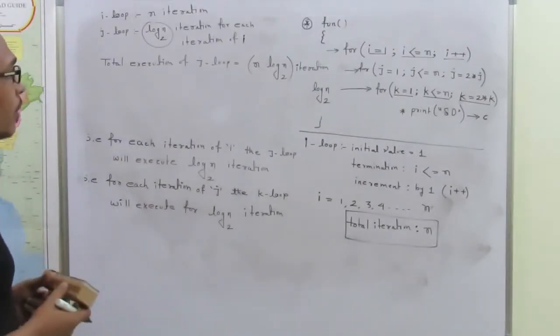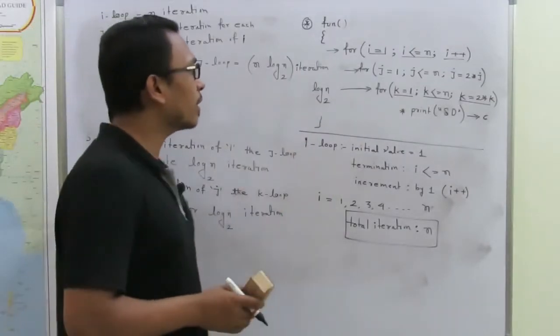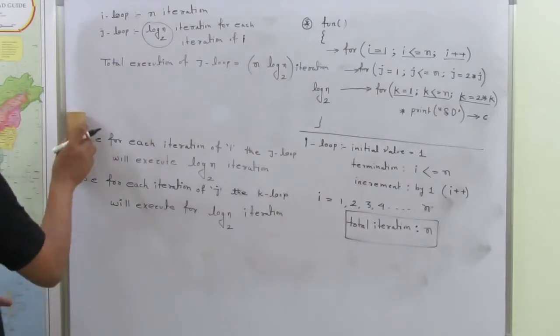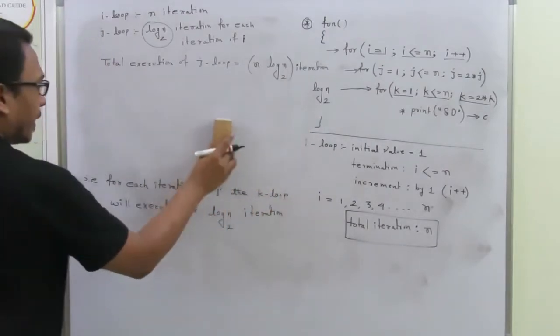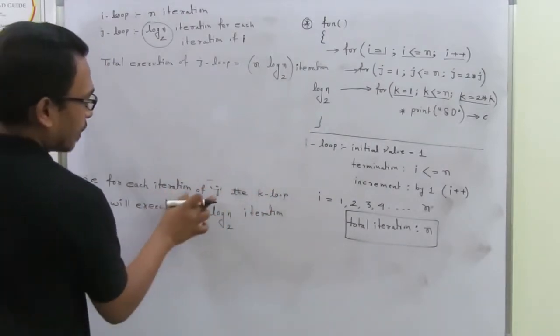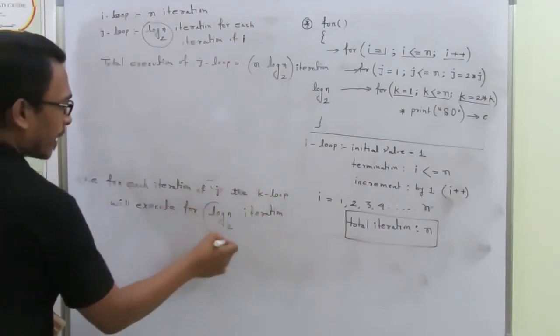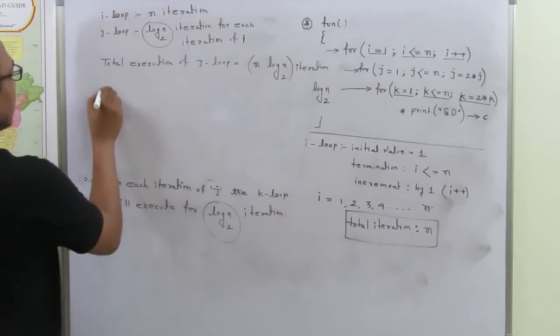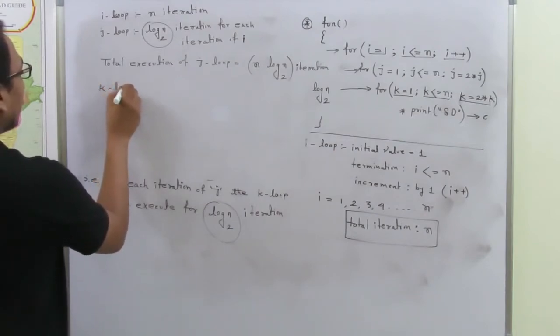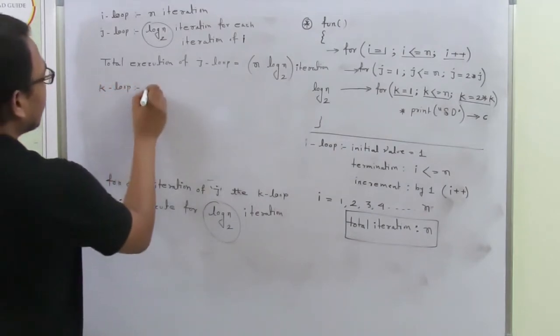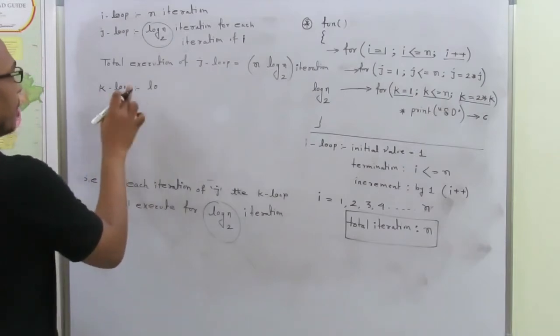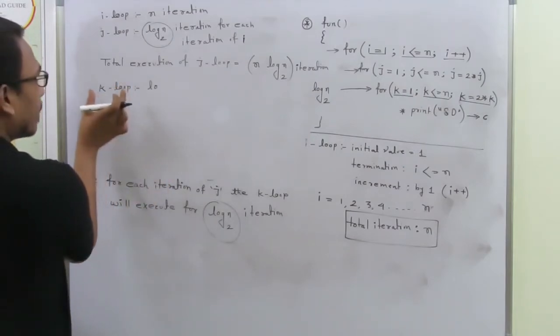Now we have one more loop, that is the k loop. For each iteration of the j loop, the k loop will execute log n iterations. Each time, how many iterations are there for the k loop?